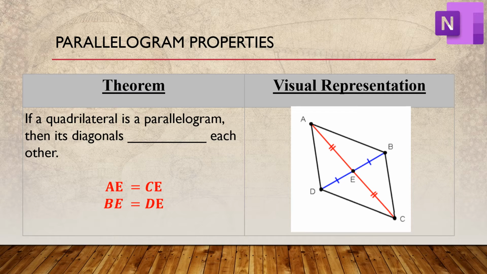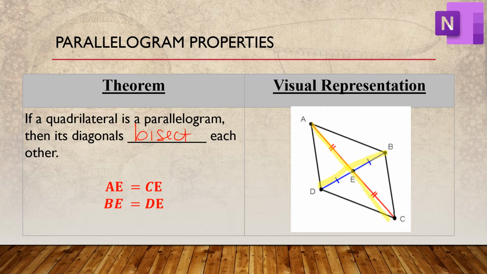The next property or theorem that we have for a parallelogram states that if a quadrilateral is a parallelogram, then its diagonals bisect each other. So as you can see, we have 2 diagonals. We have diagonal AC and we have diagonal BD.